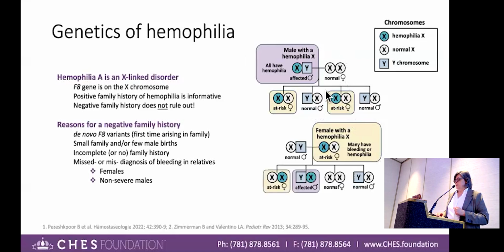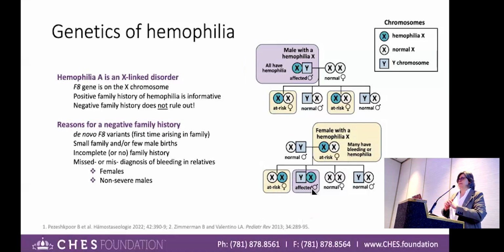All right. Then what happens when we have a female who has one affected X and one unaffected X? Still half of the X's on average, rolling the dice every time. So for those kids, one of the two boys on average will inherit that.